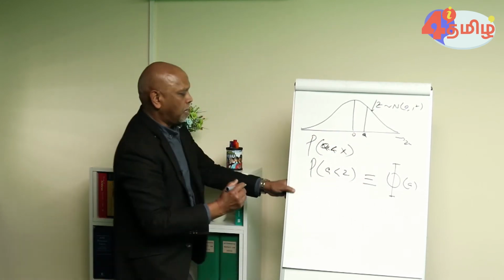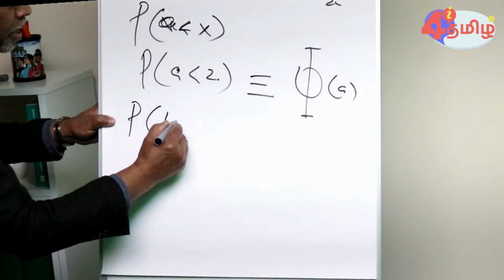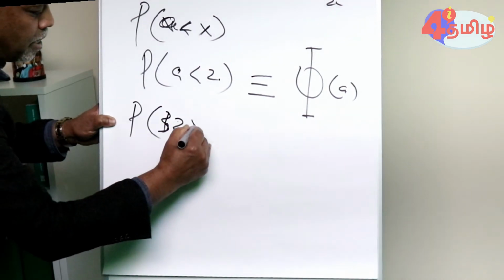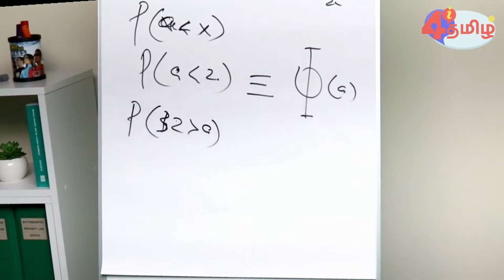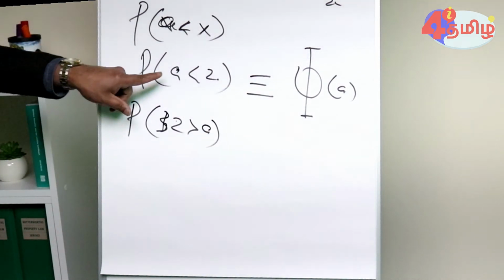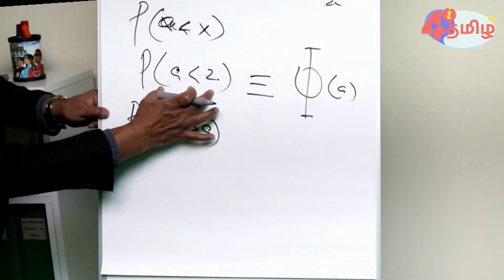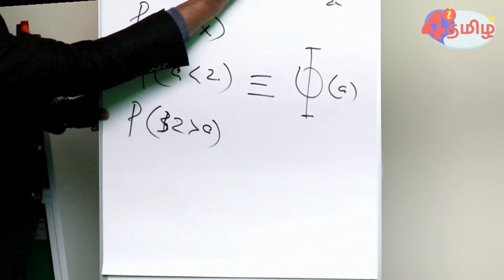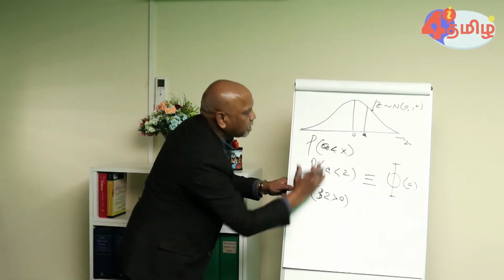Say, for example, you have the probability Z greater than a. You want to write it this way, but you cannot do that. It has to be less than. This one is the left-hand side of the line at a, and this one is the right-hand side.